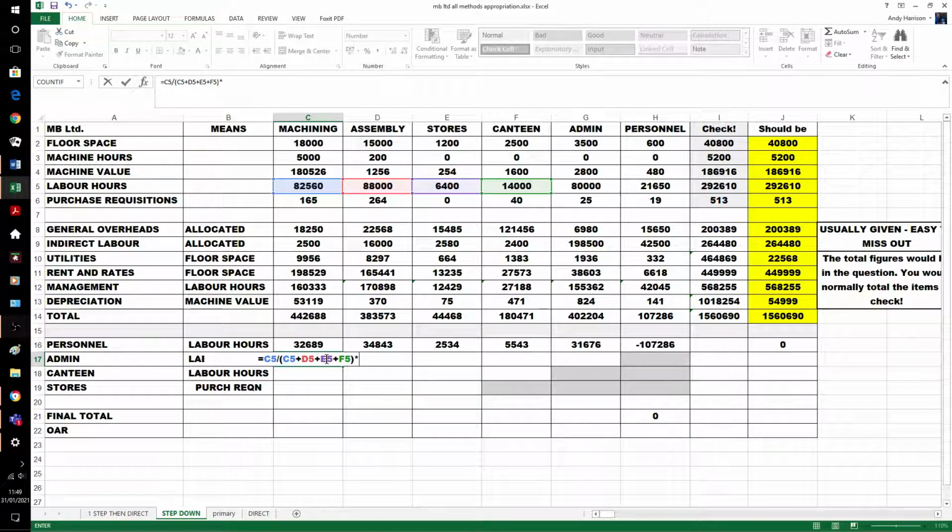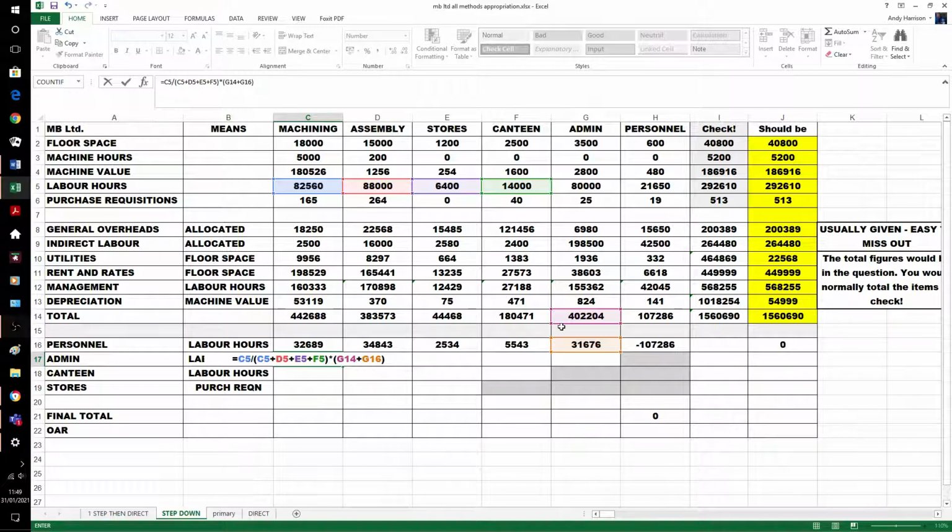What I've now got to remember, I said, the original bit plus the reappropriated bit. It's easy when it colours it for you. So yeah, that's gone down to 4 because we're splitting it between the 4 departments.